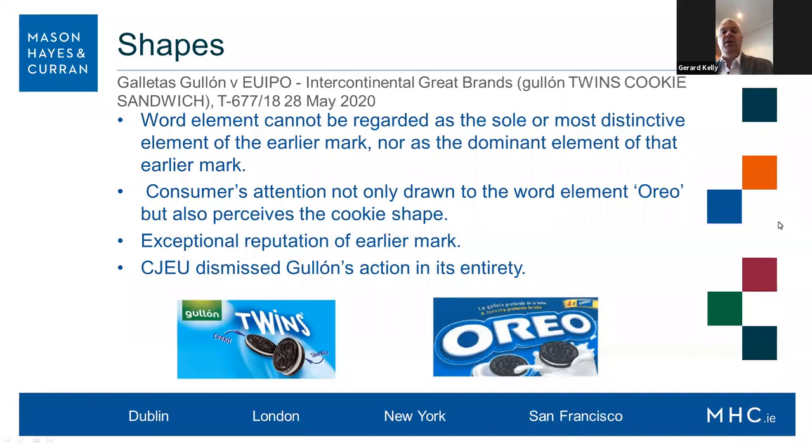You would have to somehow in a court case issue fresh or different invalidity proceedings. In other words, you're attacking the registration rather than simply defending an opposition proceeding. So that didn't succeed either. And because the products here were pretty much exactly the same, given the reputation of Oreos, etc., there was held to be a likelihood of confusion in this particular case.